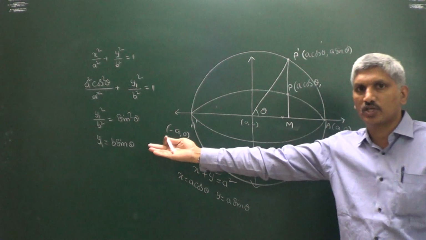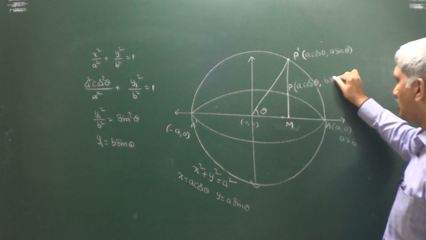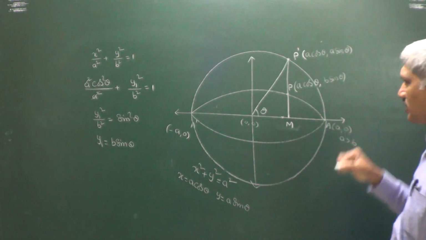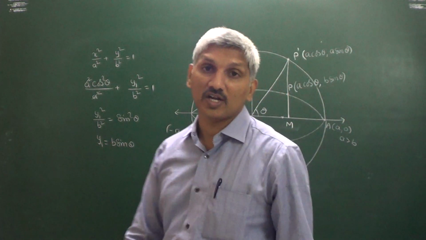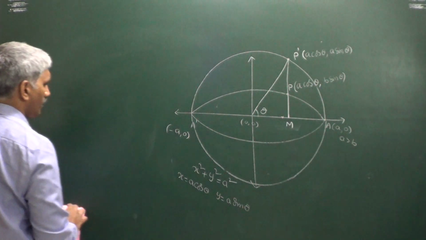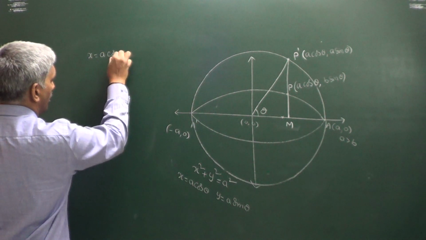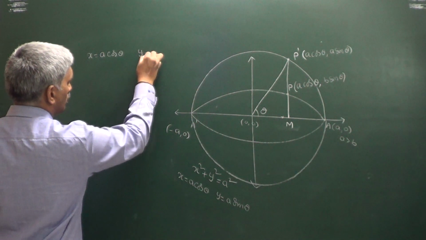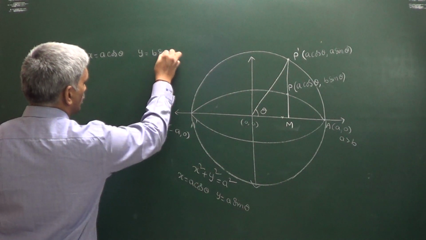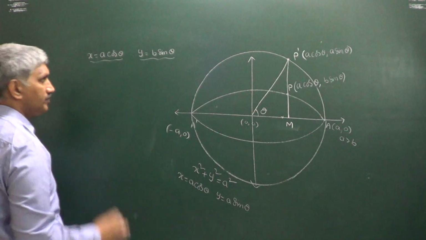Just now we discussed the y coordinate, we got b sin theta. So x is equal to a cos theta and y is equal to b sin theta are the parametric equations of an ellipse, right?